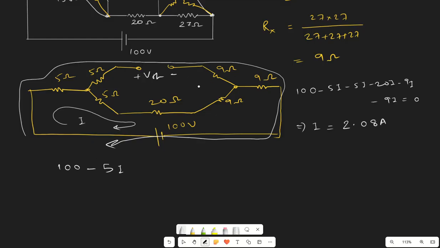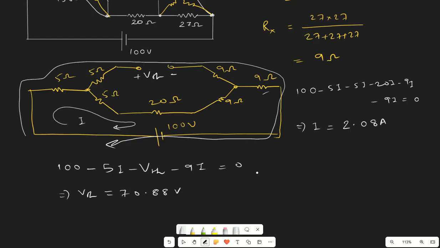There will be no current across this 5 ohm and 9 ohm, but we have the voltage drop. So the voltage drop is minus VTH, since we are moving from positive to negative. Then minus 9i equals 0. So we have the value of VTH as 70.88. After solving we get this.